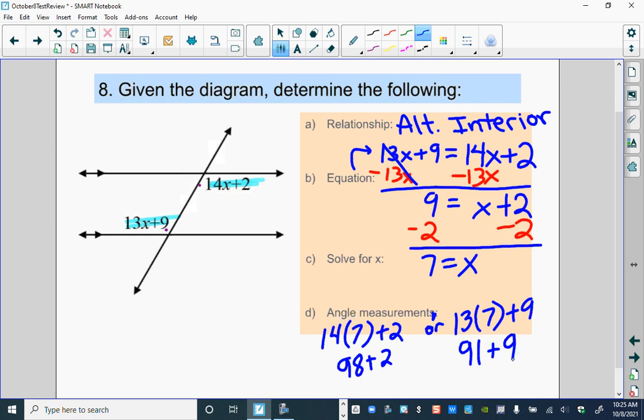Grand total is, all roads point to 100. That's 100 degrees. And then, of course, we could get all other angles too. Do we have to? No. Okay, questions on that problem?